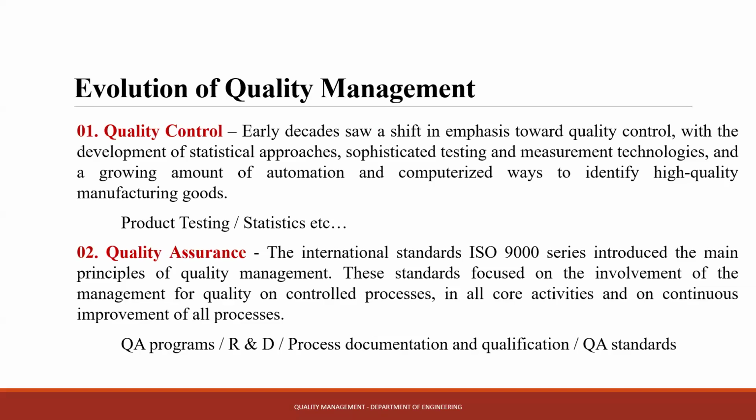We can do human inspections, but that process with automated inspection machines is more efficient, right? So automation and computerized systems were used in these decades under quality controlling.